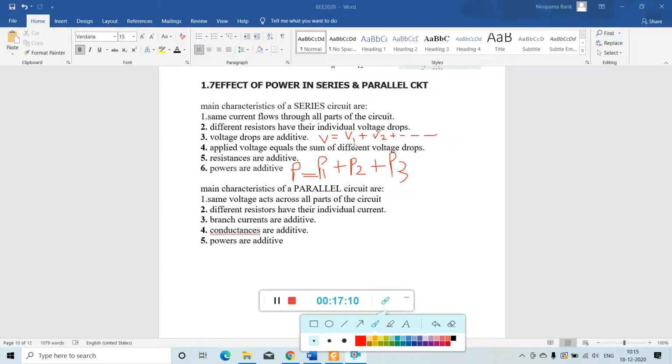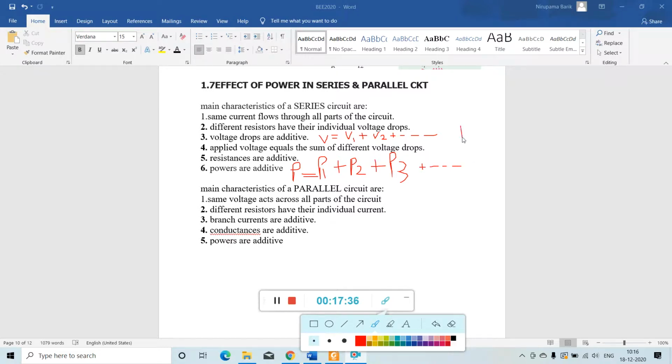According to the number of resistors there is that number of voltage drops. So voltage drops are additive, that is, the supply voltage is equal to the sum of all the voltage drops. Okay, so resistances are also additive. I told you R is equal to R1 plus R2 plus R3 up to Rn. So here power is also additive. P is equal to P1 plus P2 plus P3 up to the nth number.